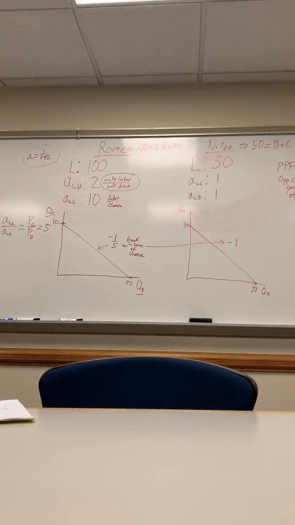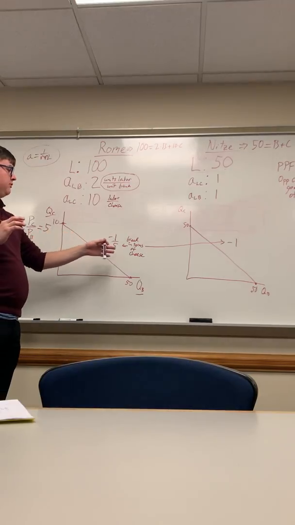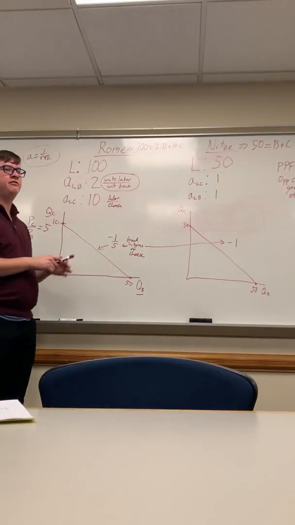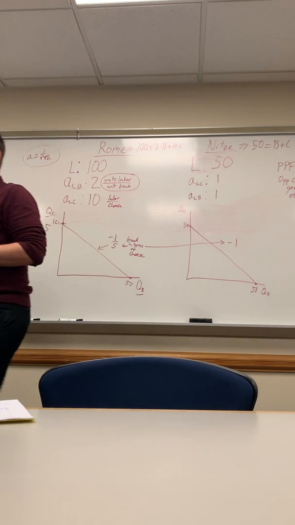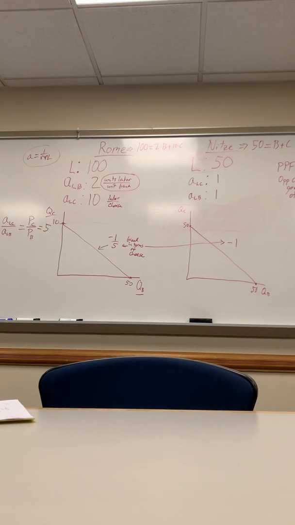In Rome, the opportunity cost of bread is going to be 1/5 of a unit of cheese. In Nizza, it's going to be 1 unit of cheese. So now we can go ahead and answer our key question. Which country has comparative advantage?